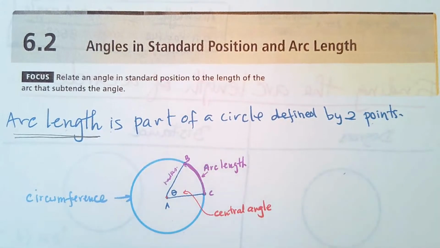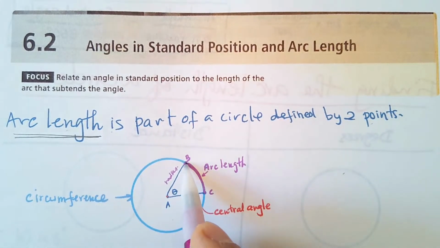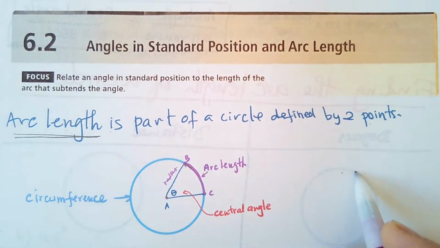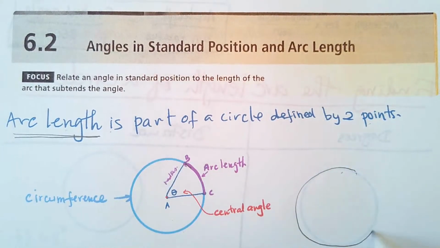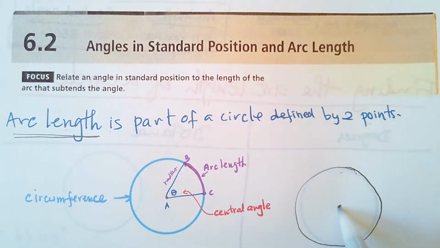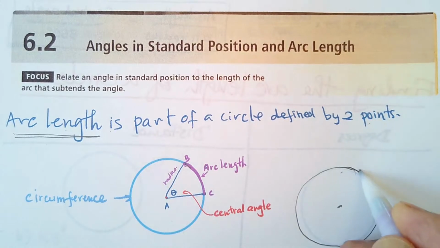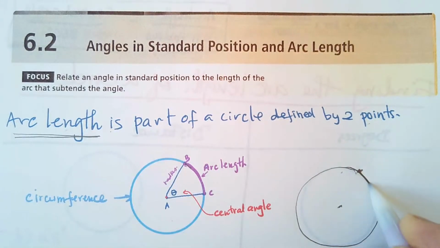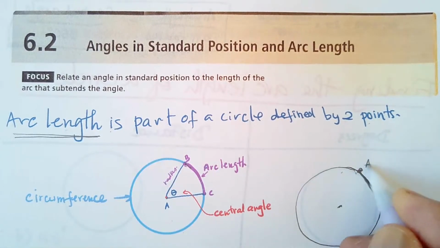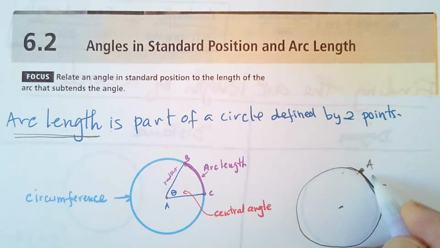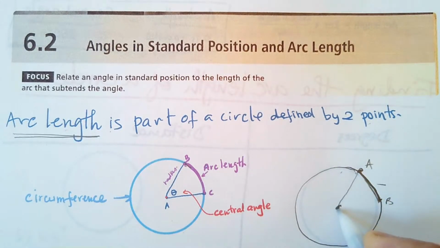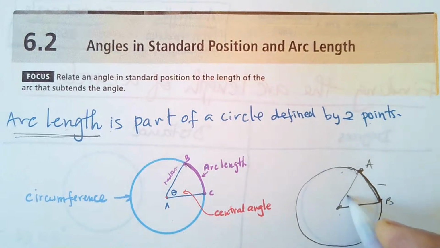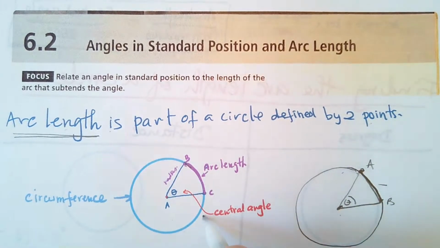So if you have a circle, you have the center of that circle here, and we want to take a piece of the arc of the circle here. This is referred to as the arc length. So we have A and B here. At the center of the circle, this angle here is called the central angle.